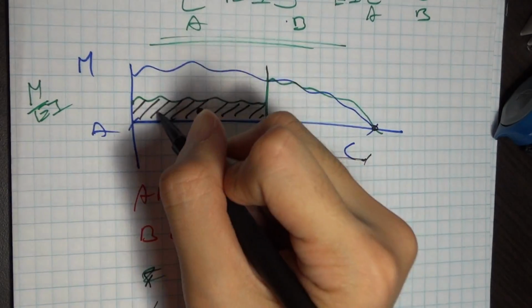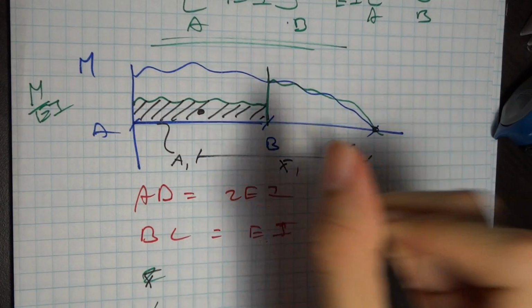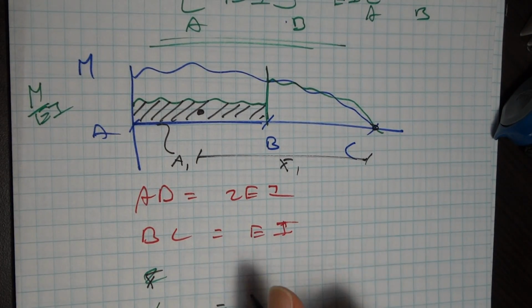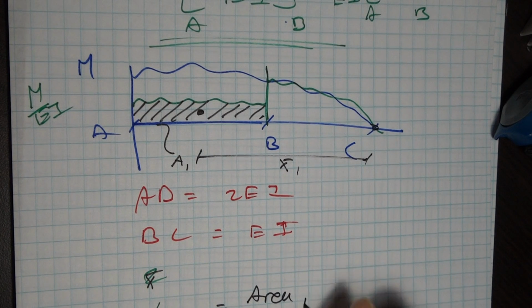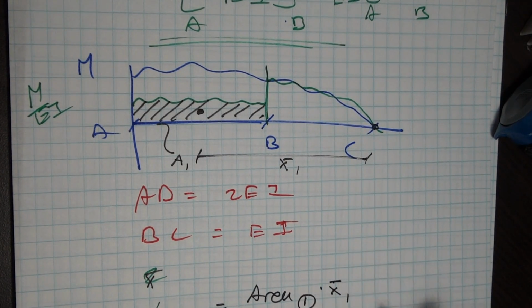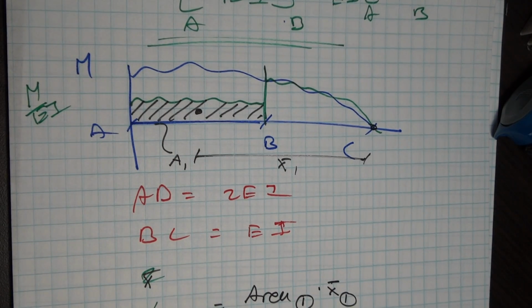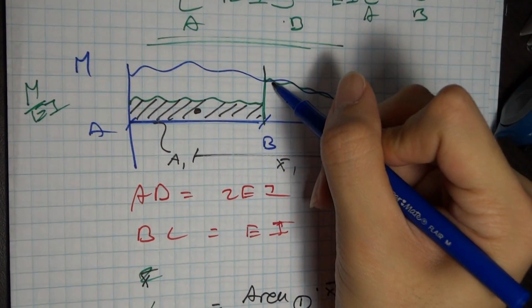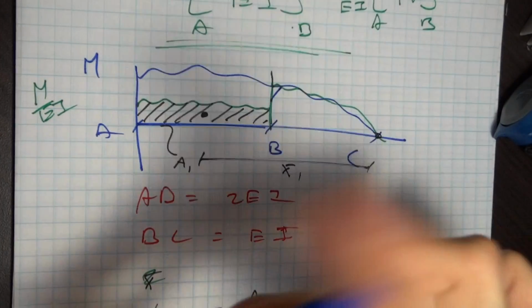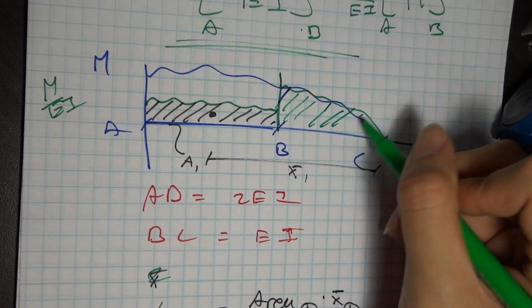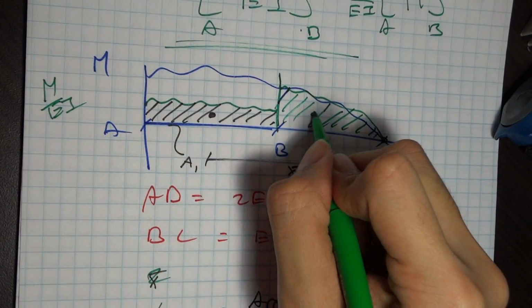So this is A1. That's area 1. This is equal to area 1 times x bar 1 plus this area. Let's say the centroid is here.